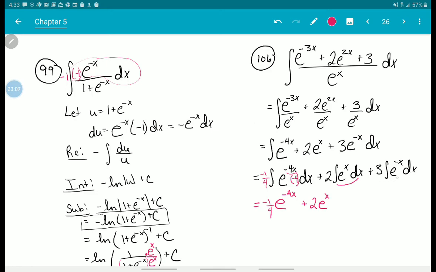And then this last one, this is reverse chain rule again. There's our u. Du would be a negative 1 dx. We can multiply the negative 1 in as long as we compensate with the negative 1 outside. So we're going to have a negative 3 there. And then when we integrate e to the u, it would be e to the u.